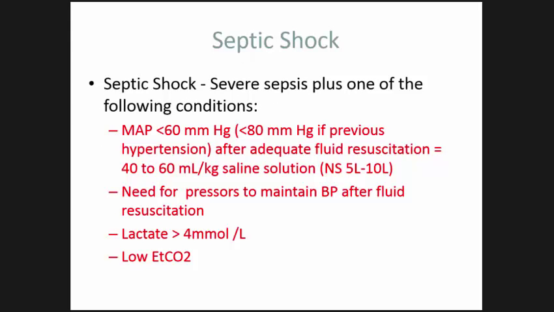So septic shock is severe sepsis plus one of the following conditions: mean arterial pressure less than 60, or 80 if previous hypertension, after adequate fluid resuscitation. If you need pressors, if you have a lactate greater than 4 or a low end-tidal CO2, you are in septic shock by definition. And if you have a lactate greater than 4, you have about a 27% chance of dying with this. That's not good odds.